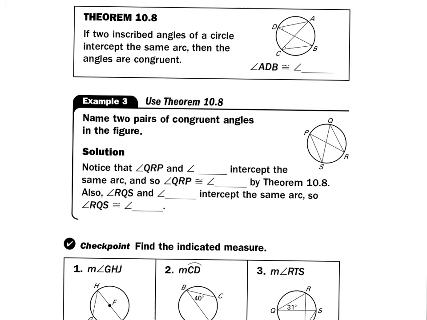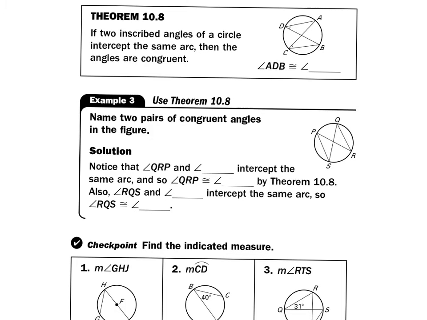Okay, theorem 10.8 tells the same thing. If two inscribed angles of a circle intercept the same arc, then the angles are the same. So ADB equals ACB. Okay. Example 3, name two pairs of congruent angles.